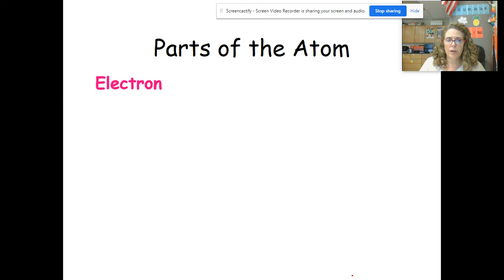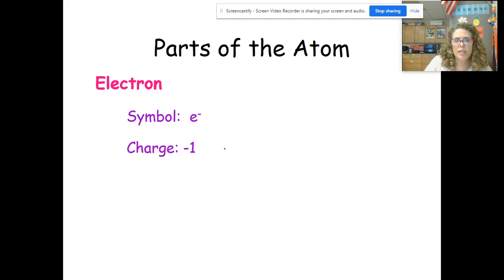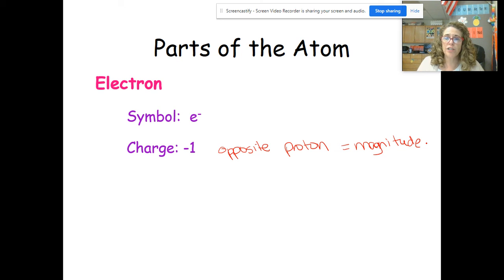And our last particle is the electron, which is our symbol e negative, which has a charge of -1, which is opposite of the proton, but in equal, what we say, magnitude. So it has an equal magnitude of charge, which is 1, but the opposite sign.